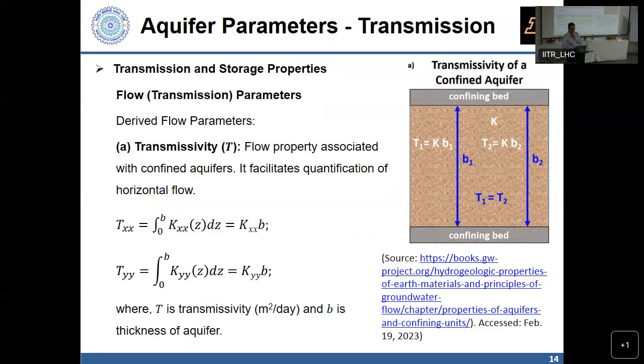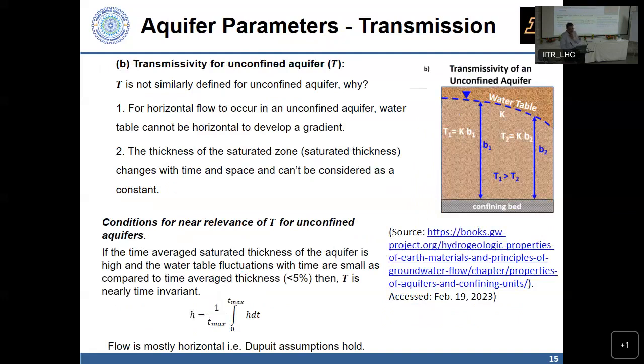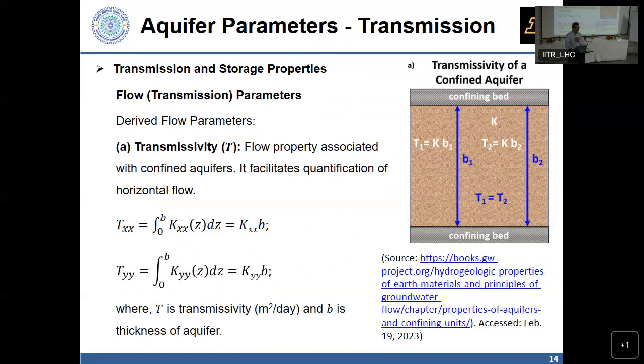In an unconfined aquifer, transmissivity is usually a little unclear, because in a confined aquifer, the top and the bottom of the aquifer are determined. They do not depend on the flow. It's always confined. The piezometric head is not affected by the thickness of the aquifer.